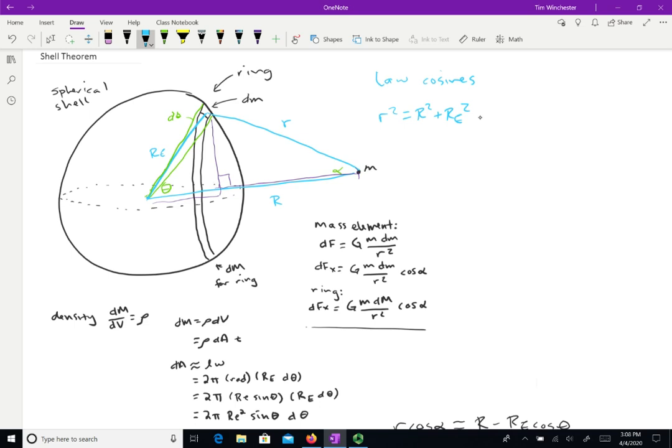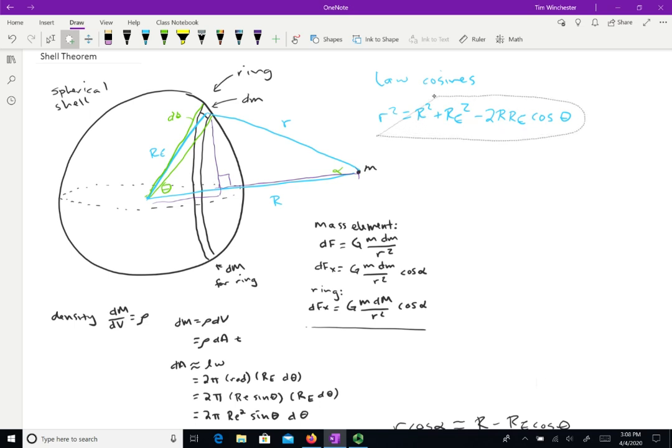So we need to include minus 2 big R r_e cosine theta. Okay, so that's a relationship that relates little r and theta to each other. And notice those big R's are all constants, and so they're not going to make this expression much more complicated than it would be without them.